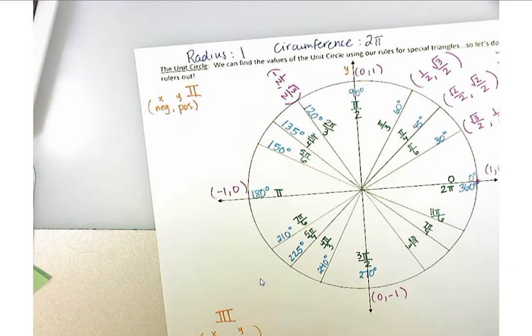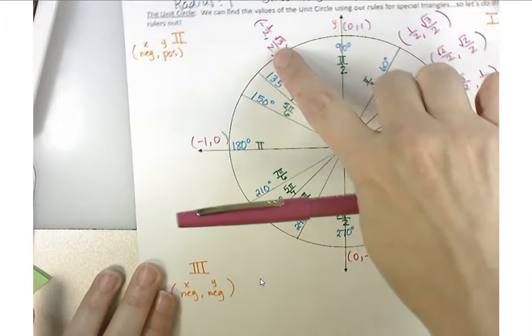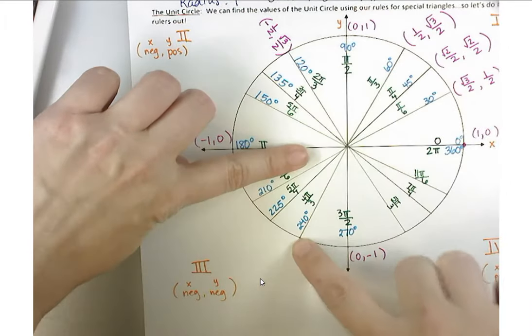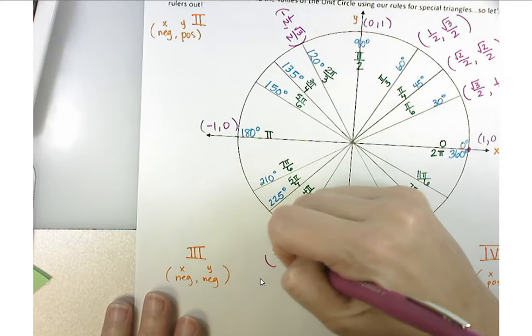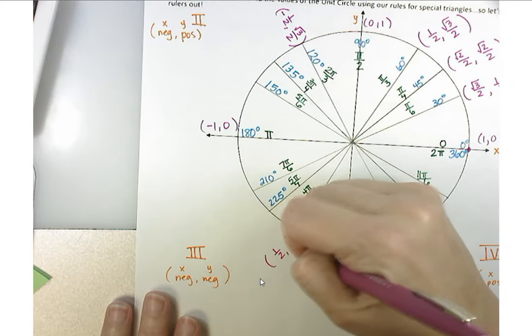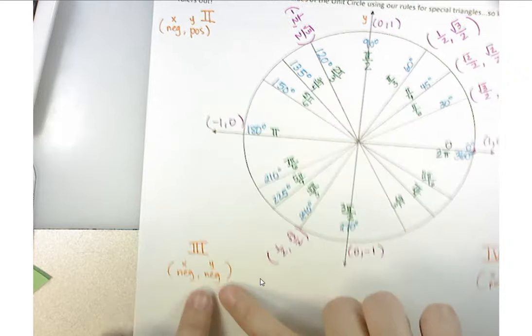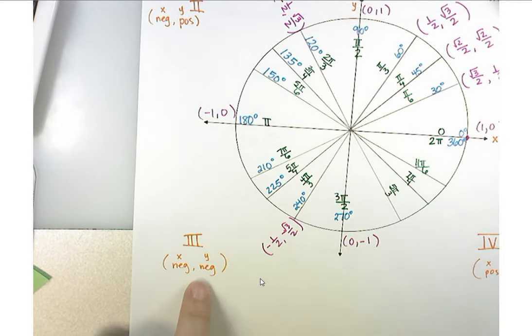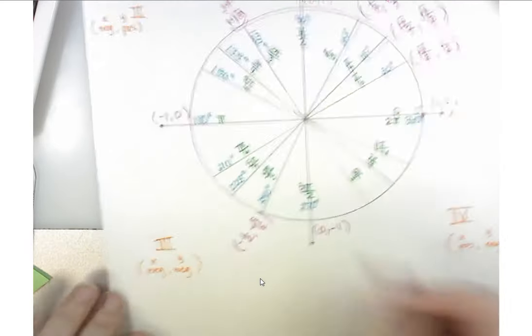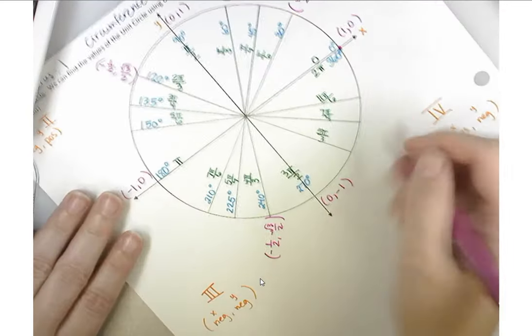I'll do the same reflection. Okay, so if I do a reflection now over x, I'm here at 240. So again, my point is 1/2, root 3 over 2. But now I'm in the third quadrant where both points are negative. So I'm going to make both of them negative. And then I'm going to go ahead and reflect again.